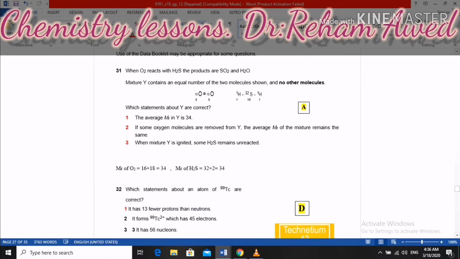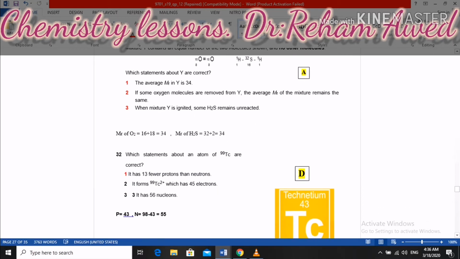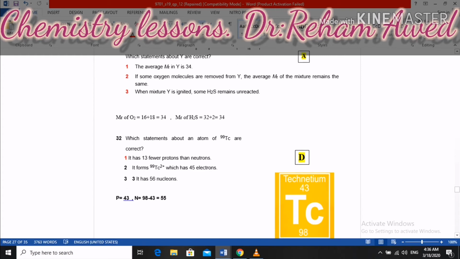Question number 32. Which statement about an atom of Tc-99 is correct? At first, we are talking about technetium. Technetium is one of element. Its structure is Tc, 43, 98. It has 13 fewer protons than neutrons.